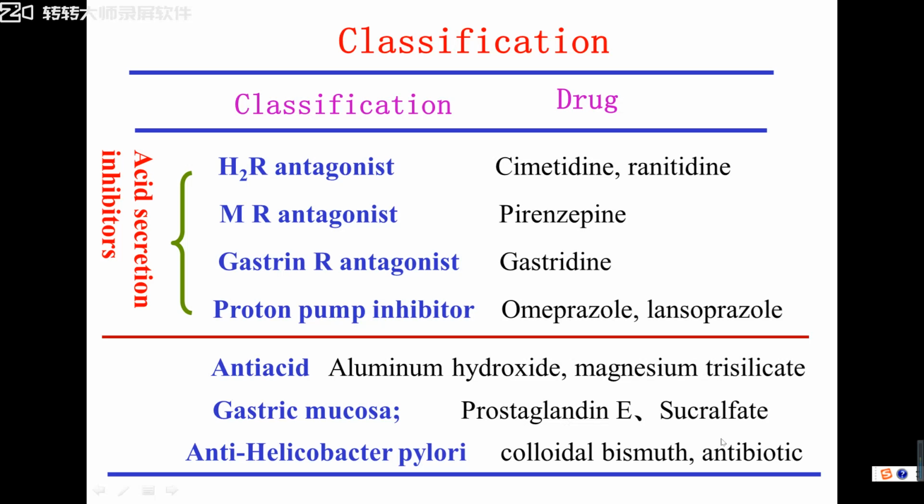And the second kind, we should co-administer with some antibiotics, such as amoxicillin or clarithromycin. So do you know how to treat gastric ulcer? Omeprazole co-administered with amoxicillin is the best method. And don't forget, the drug course is at least 4 to 8 weeks.